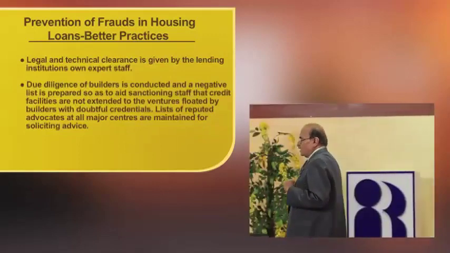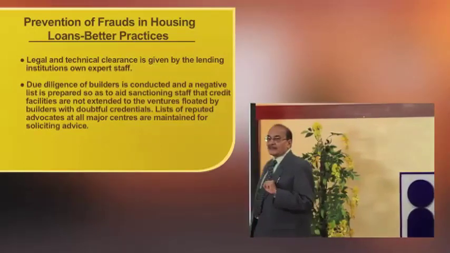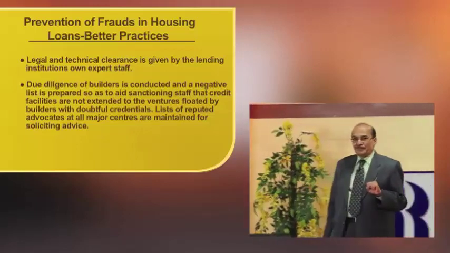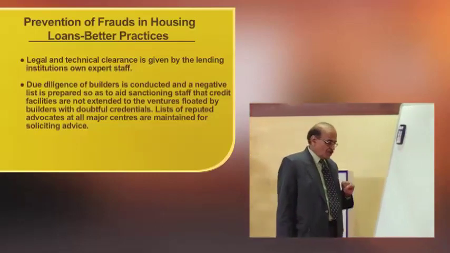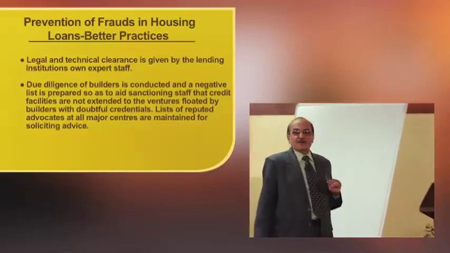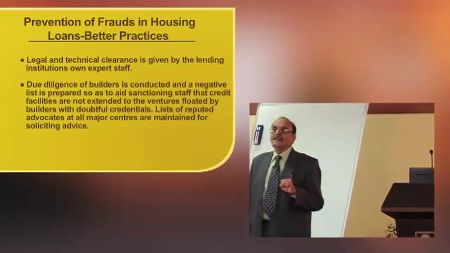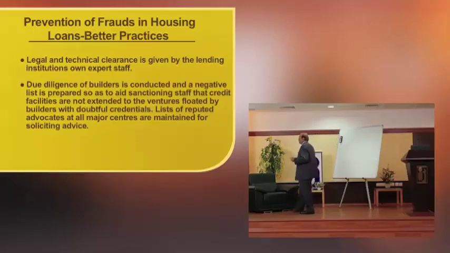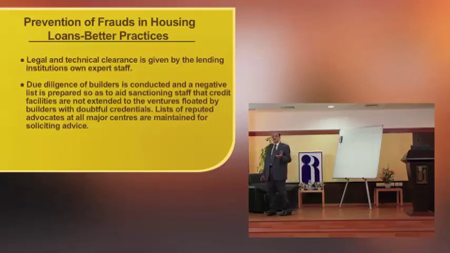The legal and technical clearances are to be given by the bank personnel only. Many times it was being outsourced, and the banks have come to grief by getting some wrong documents or absolutely fudged documents, etc. And therefore, the technical clearances and legal clearances should be obtained from the lending institution's own expert staff.